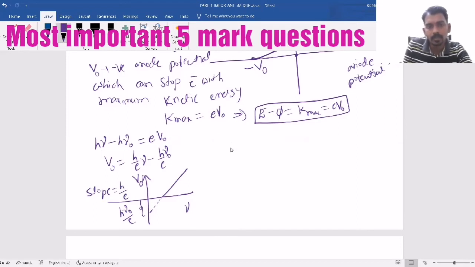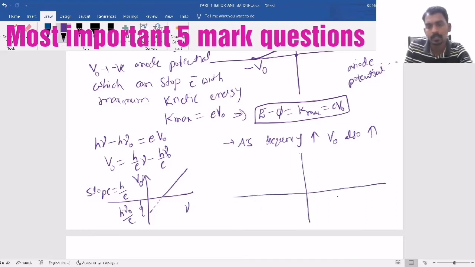Also, they observed that as frequency increases, stopping potential also increases. That's why when you take different frequencies, see here, same intensity of light but different frequencies, the graph looks like this.